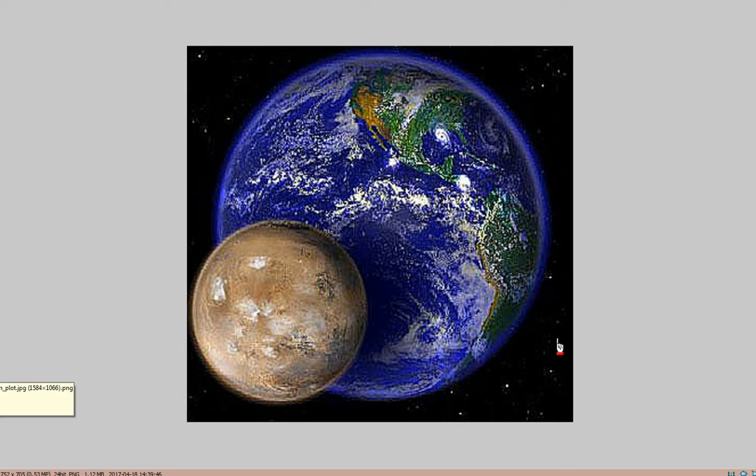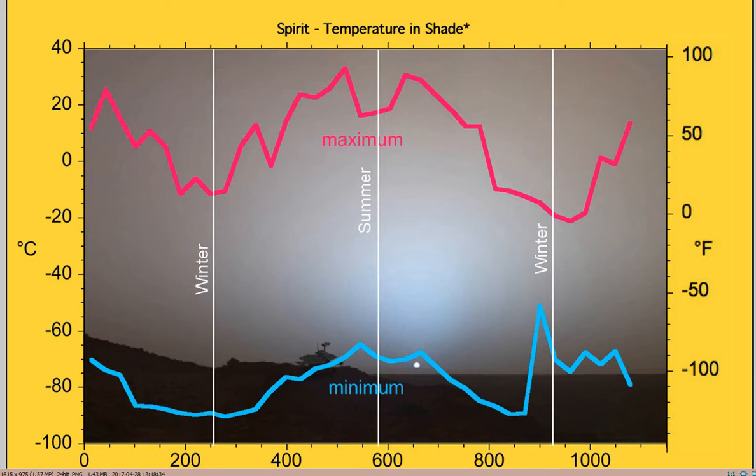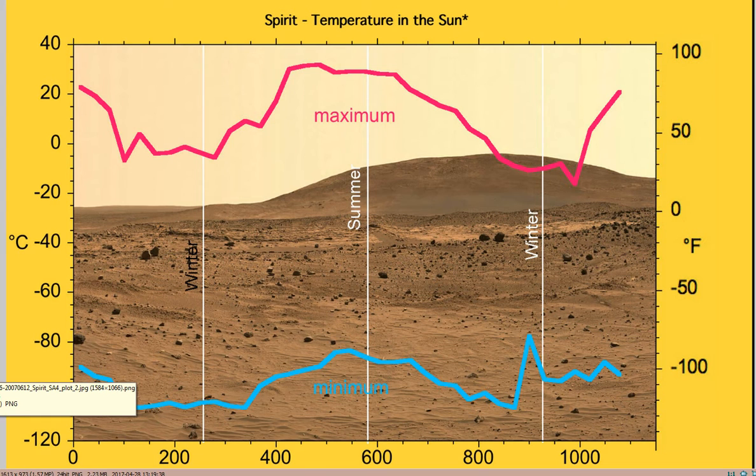The temperatures on Mars are not that bad. During the day it may get up to 80, 90, even 100 sometimes. But it's at night that's the worst. It gets really cold at night, and we're talking minus 100 degrees. Here's the chart. I think these are days down here on the bottom.